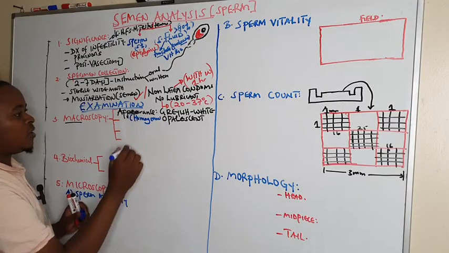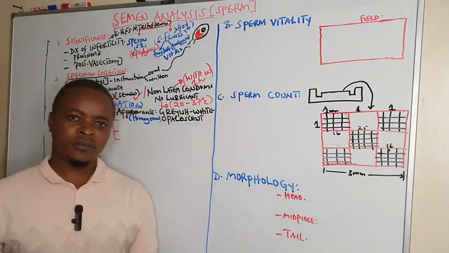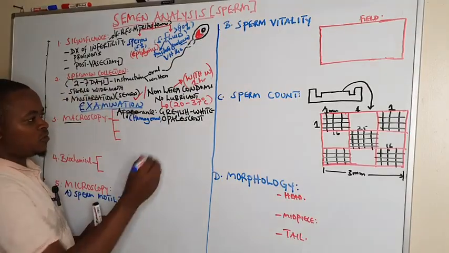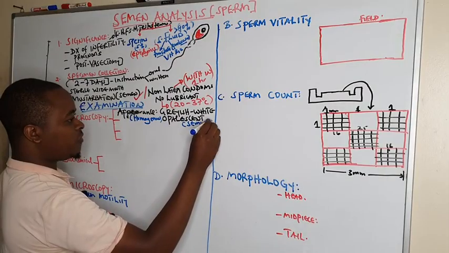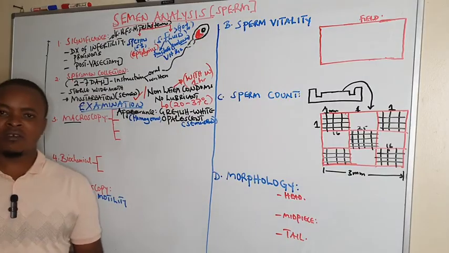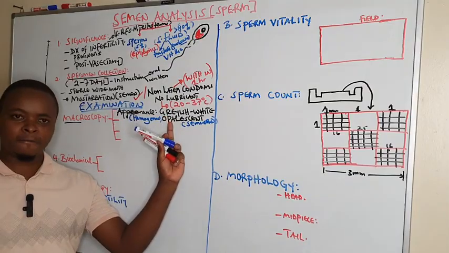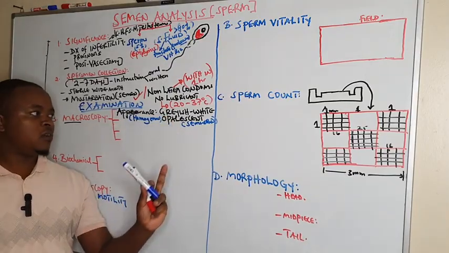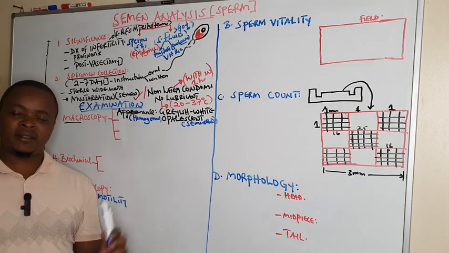It should be semi-solid if it has not yet liquefied. That is the normal appearance of semen: grayish white or pearlescent, and homogeneous.